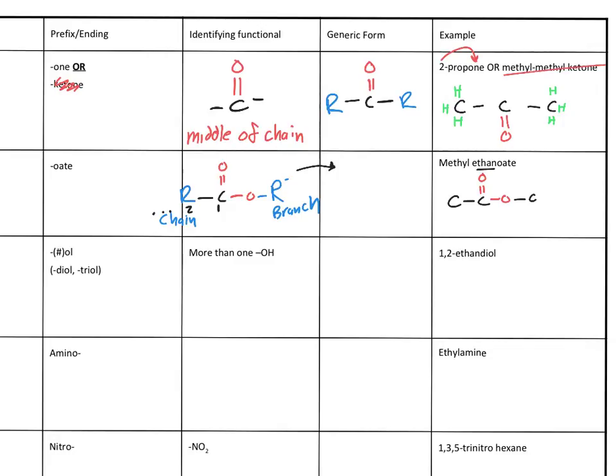And so now I have to go back and add hydrogens, where this is my chain, this is my branch, and this is my number 1, 2 carbon. A lot of times people will mess this one up.